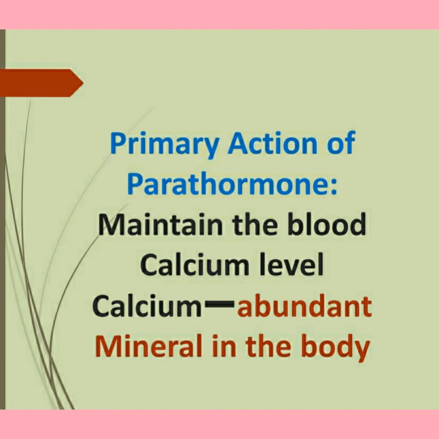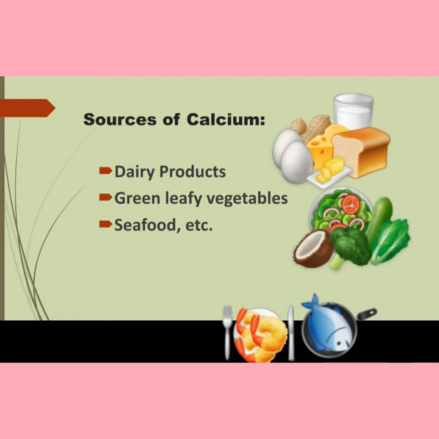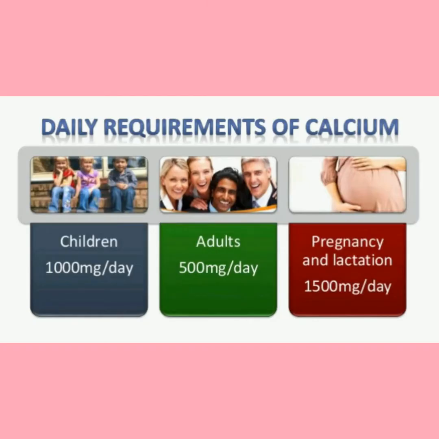So now we will see the sources of calcium. There are different food sources of calcium that include dairy products, green leafy vegetables, seafoods, etc. Let us discuss the daily requirement of calcium in children and in adults.